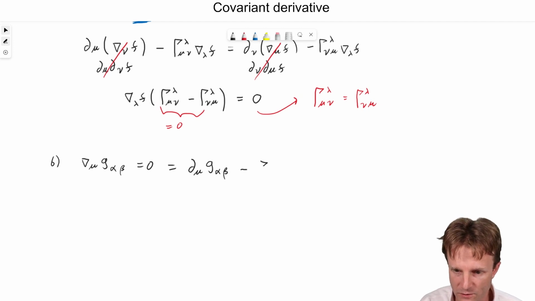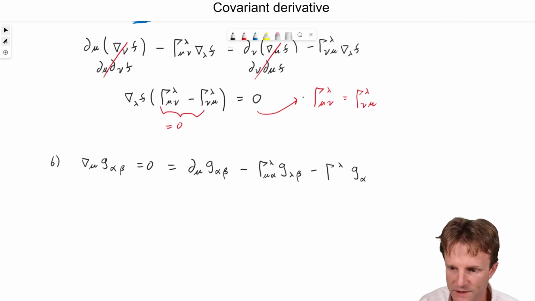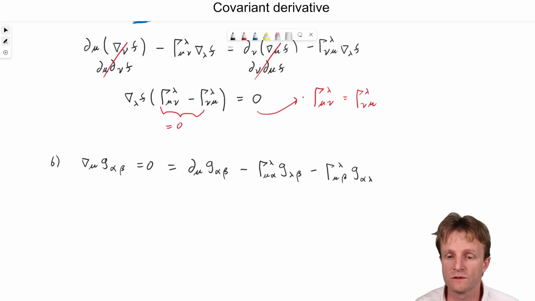So we get one term where we're working on the alpha, so that flips to a lambda, and there's an upstairs lambda, and then we just have a mu alpha, and then another term where we're working on the beta. So similarly, we have a lambda, but now it's g alpha lambda, and we have a mu beta on the bottom.